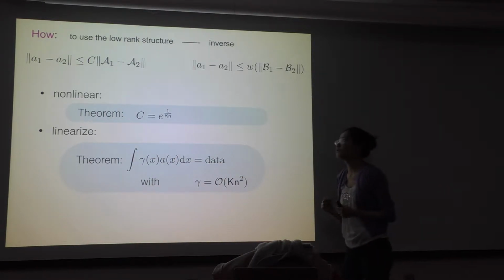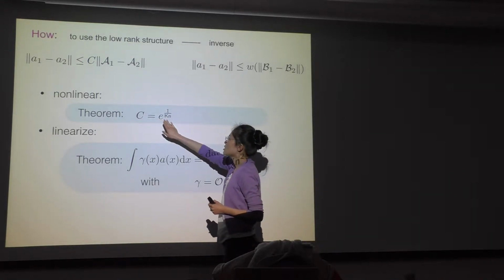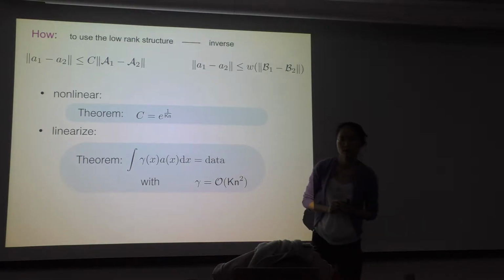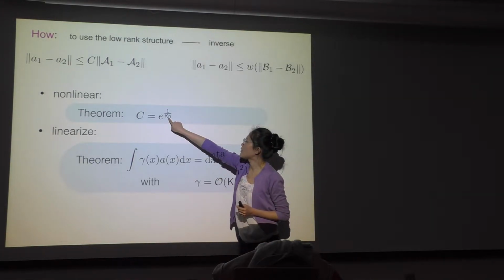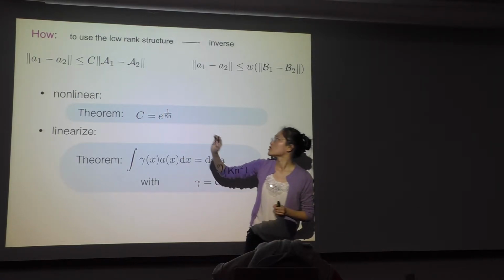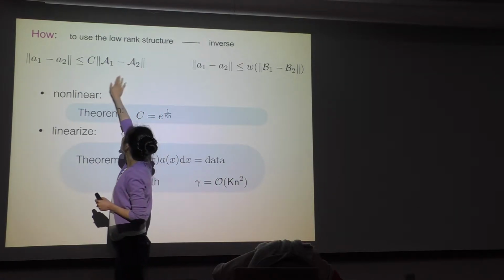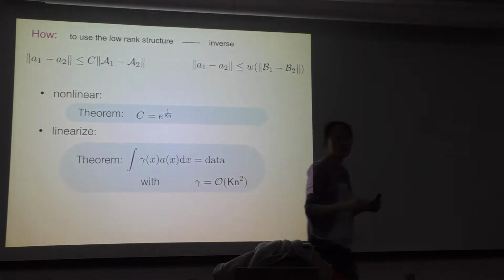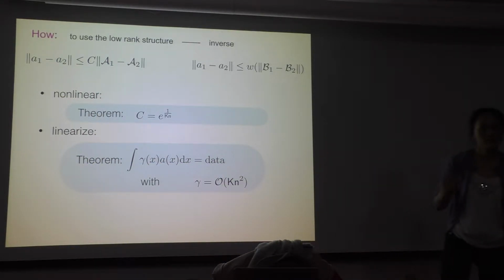And we can prove this constant grows exponentially fast when the Knudsen number is small. If you give me a very small Knudsen number, this constant is extremely big. So if you're multiplying your perturbation, which can be small, by an extremely big number, that basically says your reconstruction is very bad.